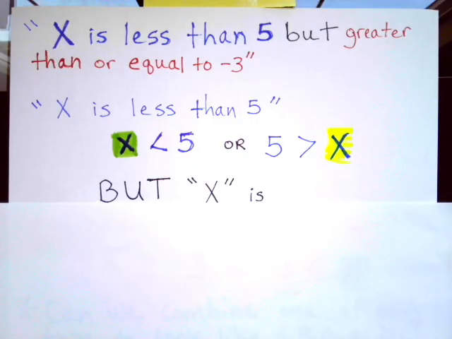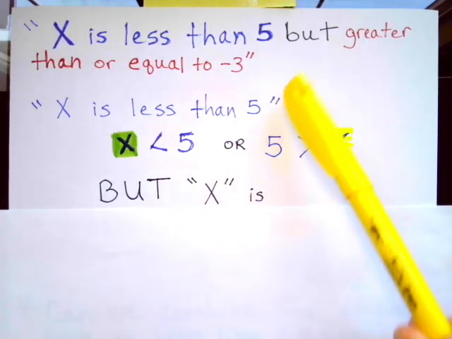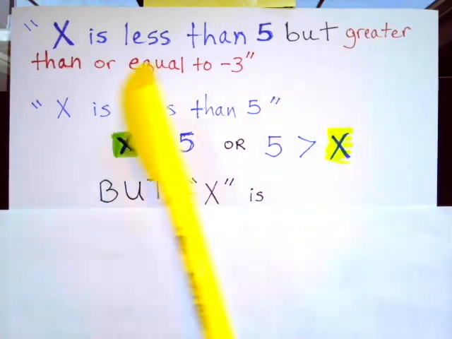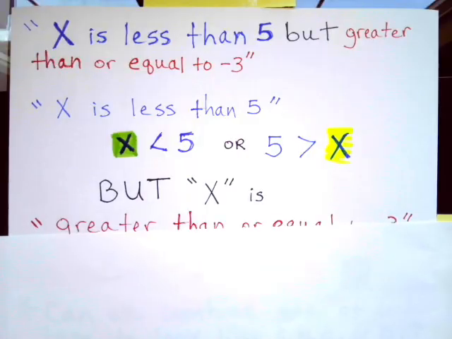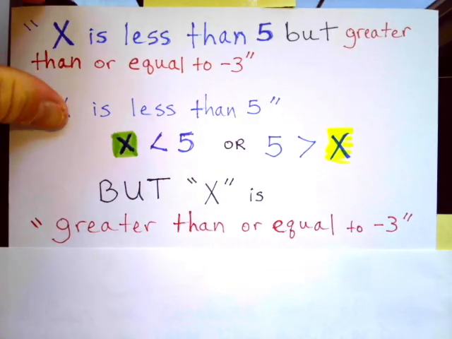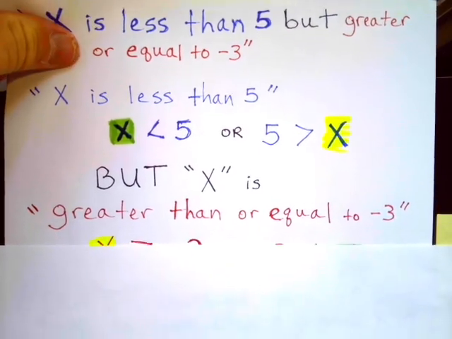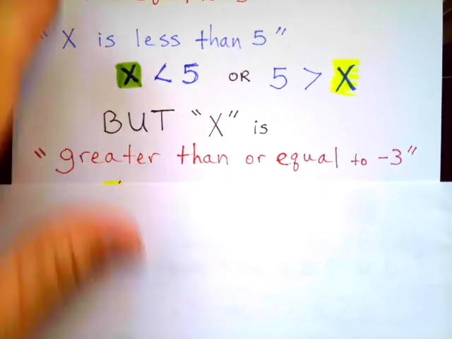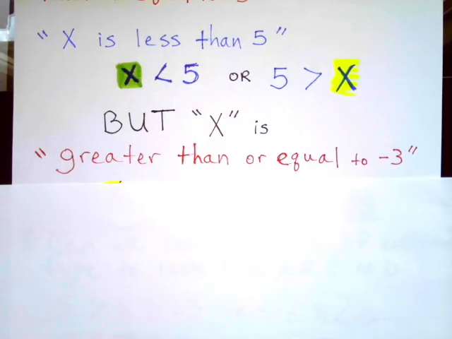Okay, but x is, right? So I'm trying to show you here that "but" is trying to say, hey, x is also greater than or equal to negative 3. So I want to show you that here. I'm going to continue to move this. If I'm moving this too fast for you, go ahead and stop, pause, rewind, watch the video again as many times as you like.